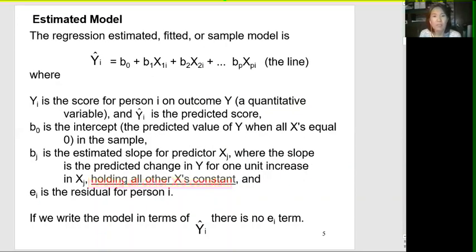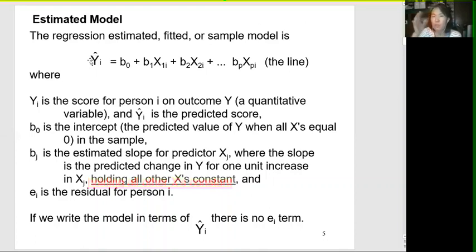Estimated model, again. This is an estimated line, one single line, so you do not have error anymore. That's why we have to have a y hat instead of a y, because y is the observed value and y hat is one single line.